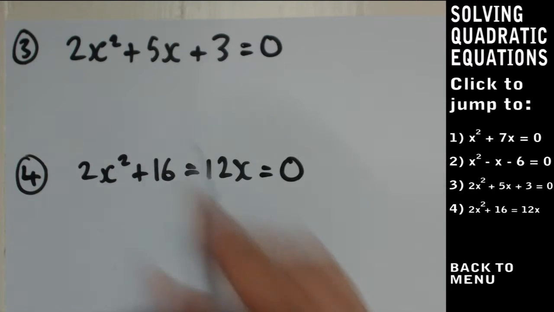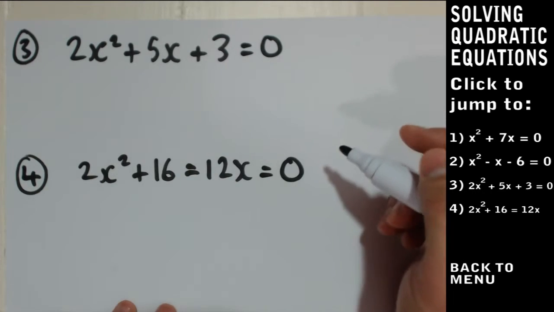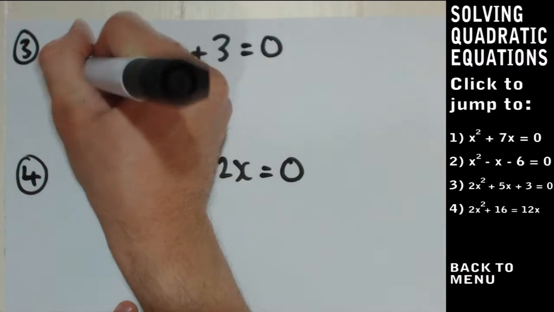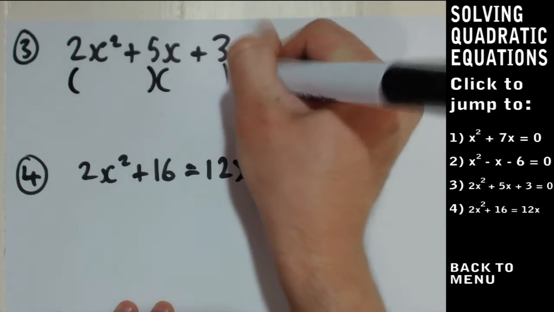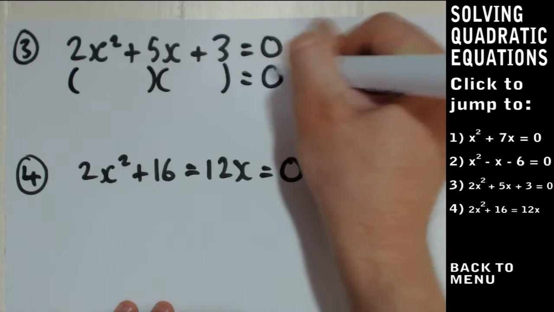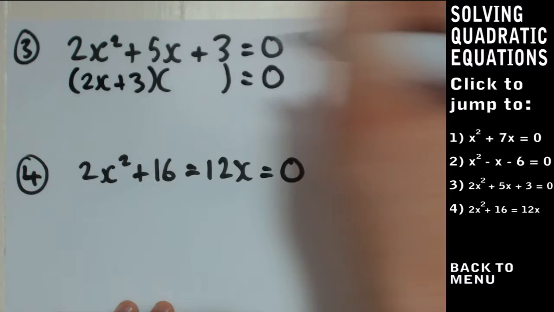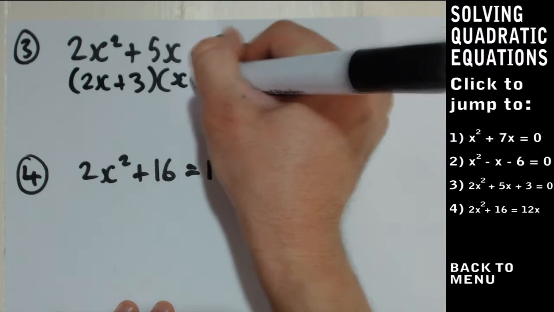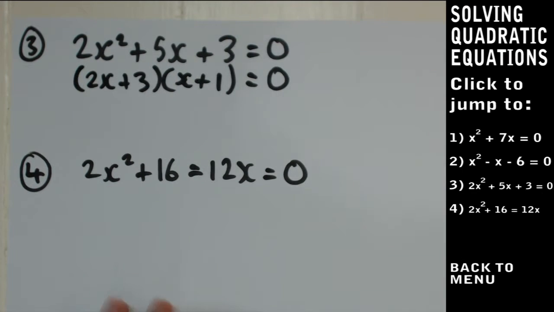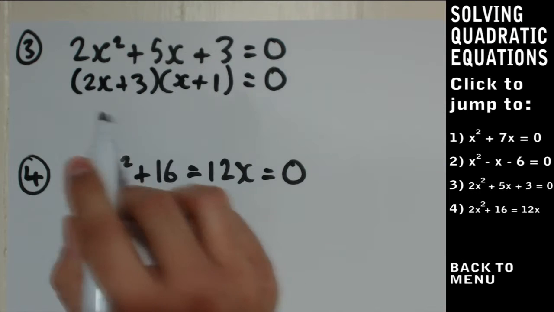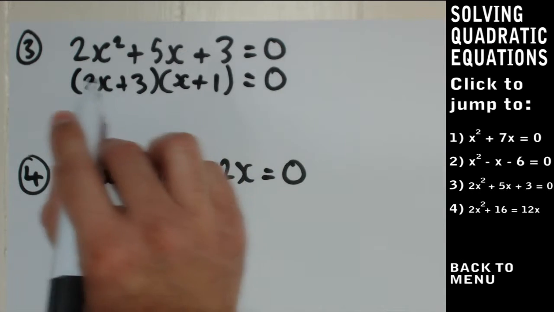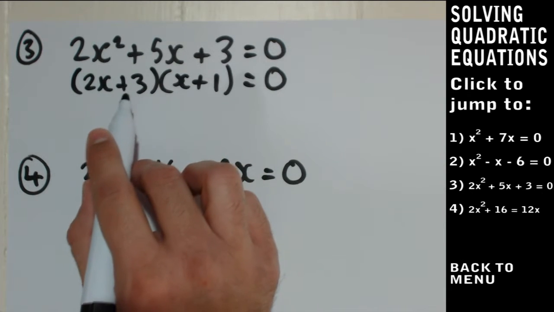Part 3, so just like in the last video, we've already factorized this, and we get double brackets 2x plus 3 and x plus 1. So to make this one equal 0, this is a tiny bit more complicated.